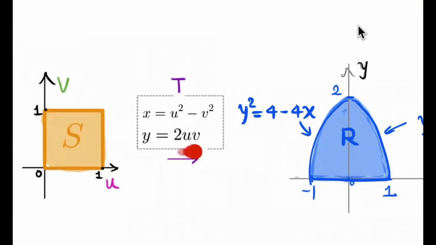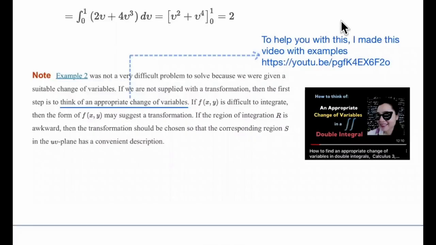Notice that this problem over here, example 2, is not too difficult because the transformation T is given. So you don't need to figure out these 2 equations for the T. Now, if you're not given a transformation T, we need to add one more step before we go through the problem.